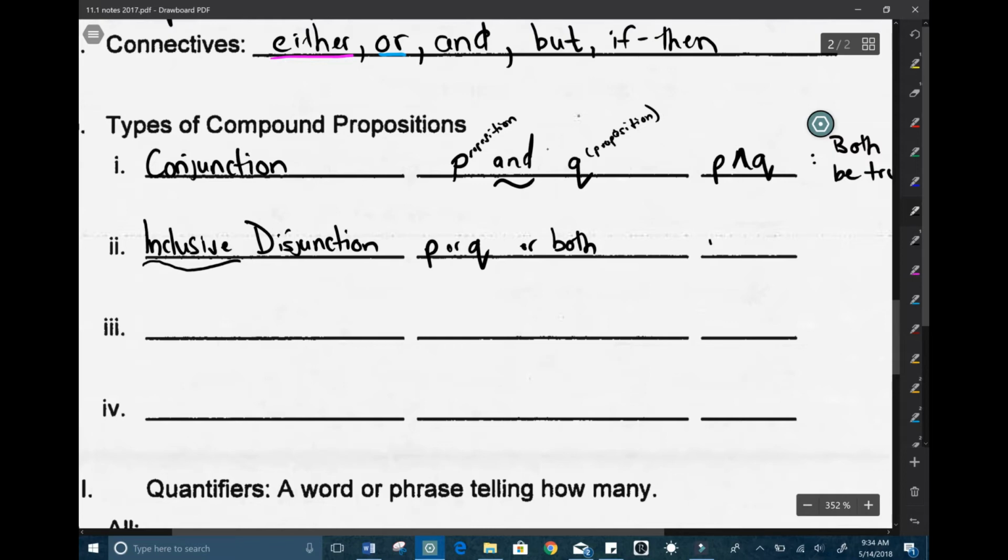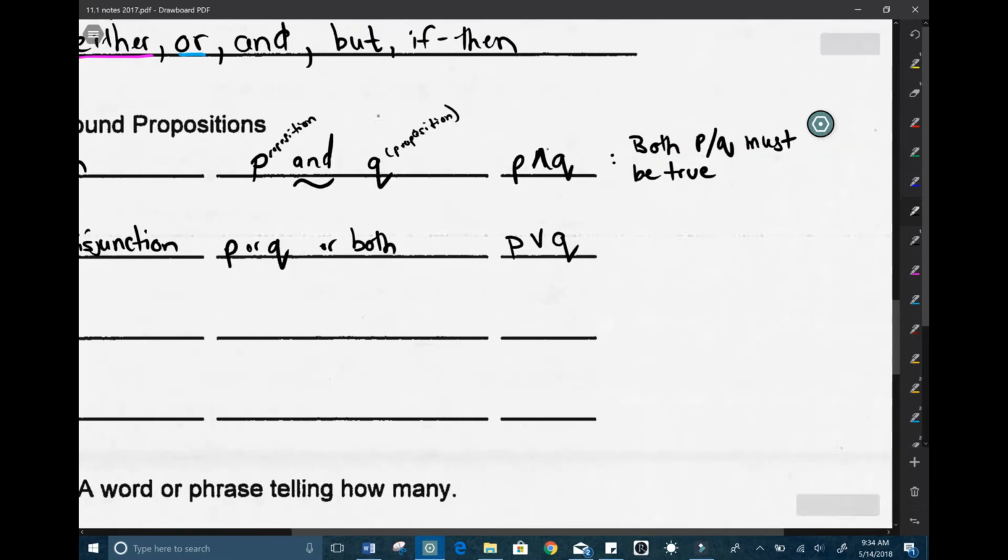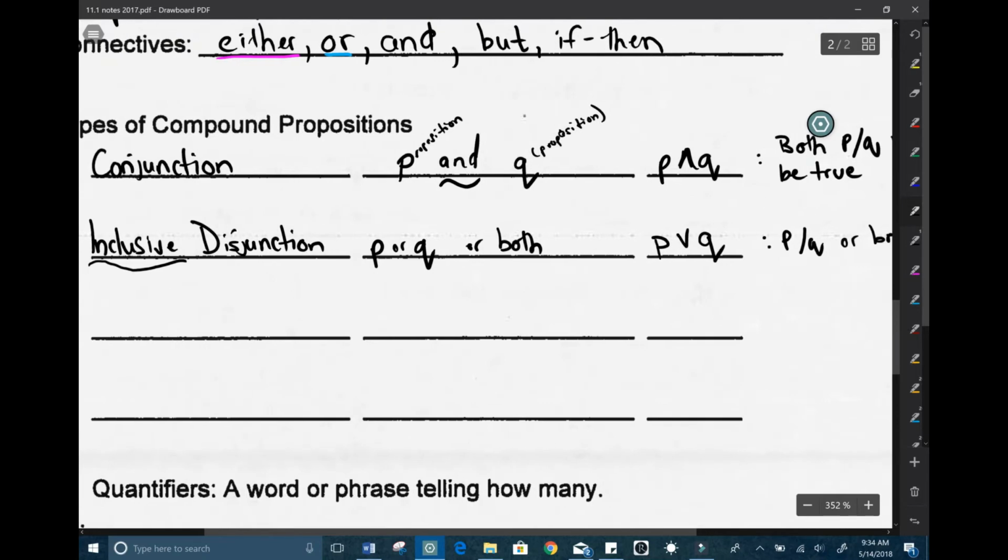It is represented by this here, P v Q. Okay, only one statement needs to be true. One or both. So P or Q or both true. That differs from an exclusive disjunction.